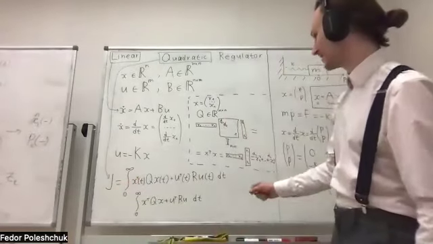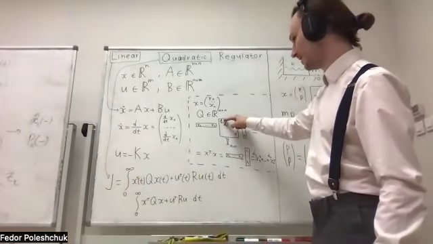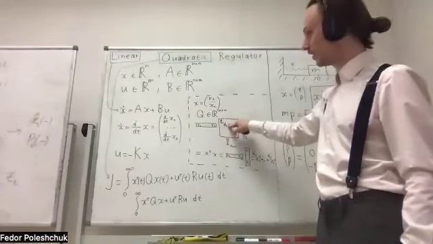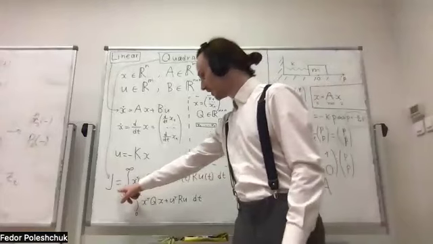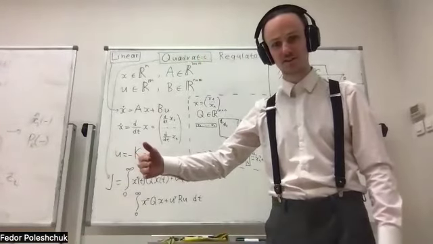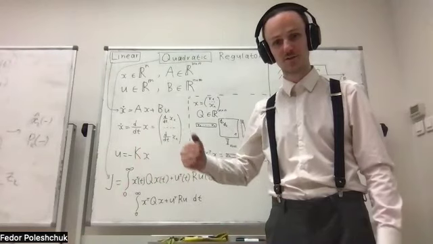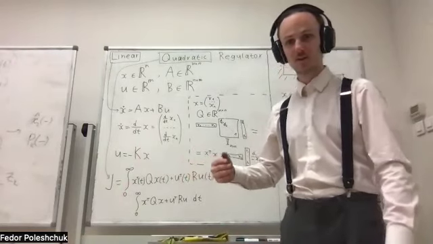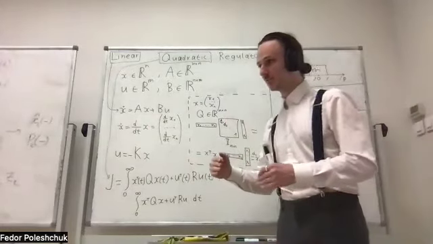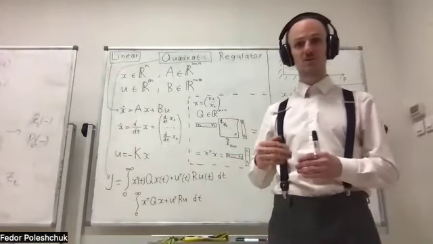And if I assign D1 to be 10 and D2 to be, say, 1, the cost will increase more if X deviates from the desired position, not X dot. So with changing these values, we change what our controller is trying to minimize.